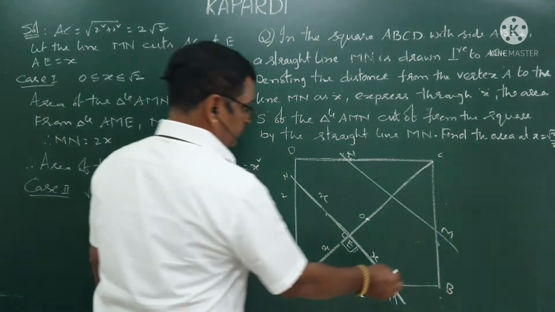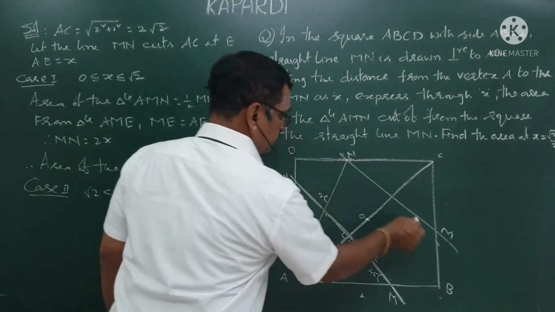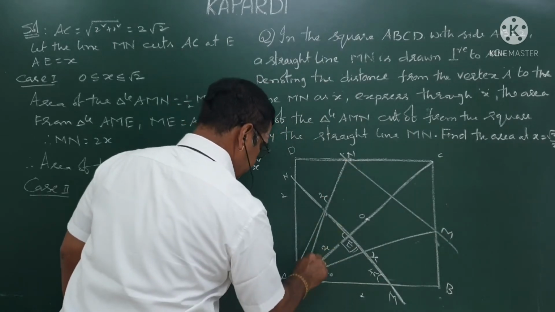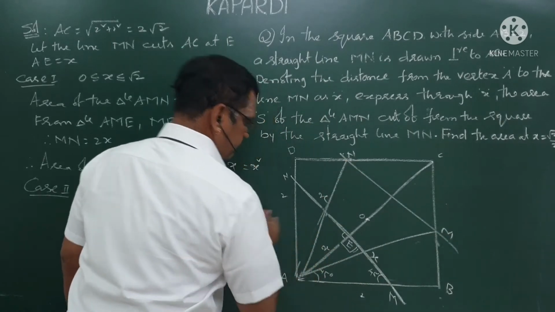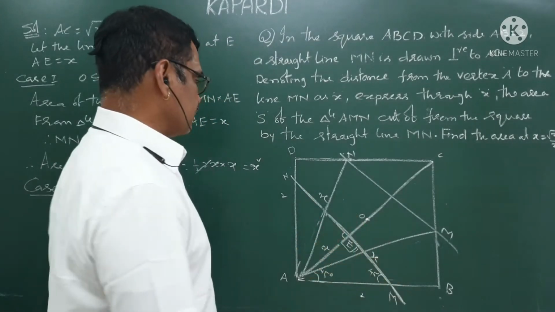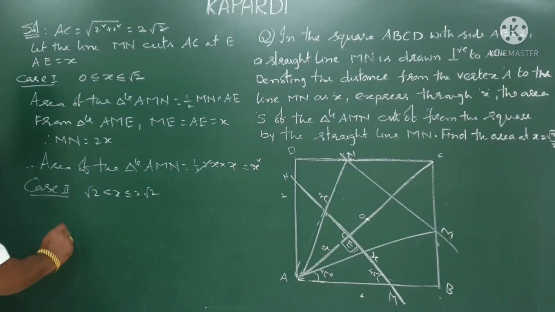So my triangle is this. Now how can I find the area? I can say half into base into height. Same thing again.